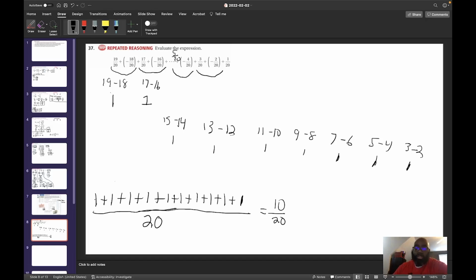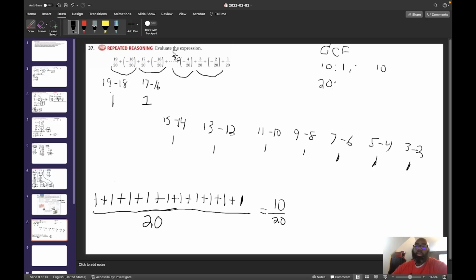Find your greatest common factor between 10 and 20, just to simplify that fraction there. So greatest common factor between 10 and 20. 1 and 10.